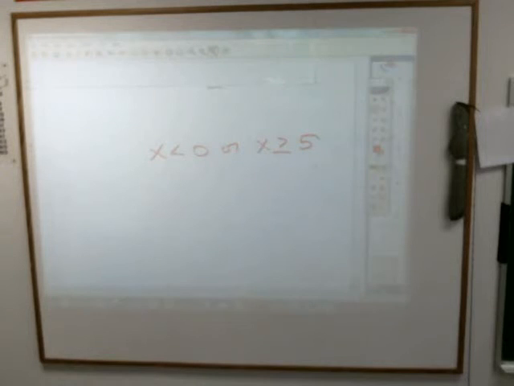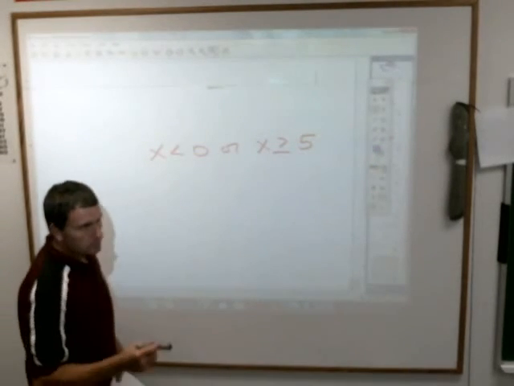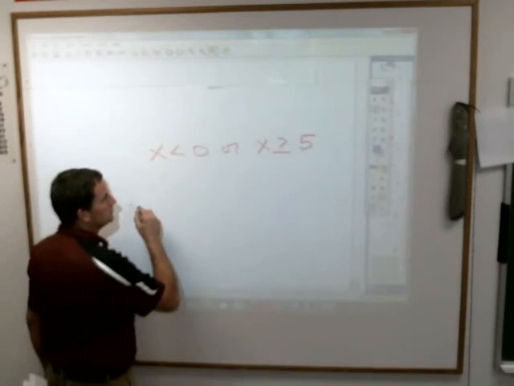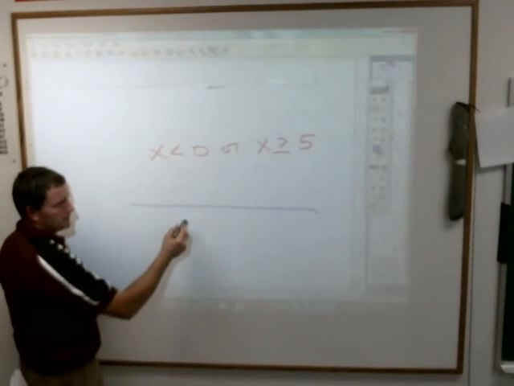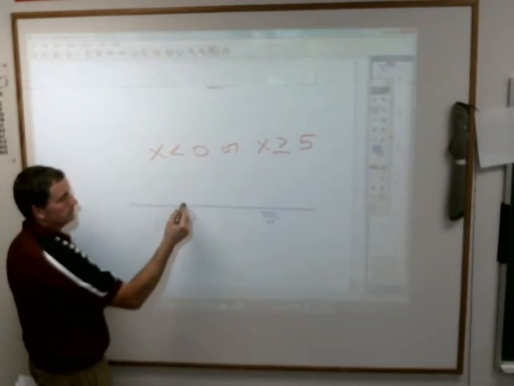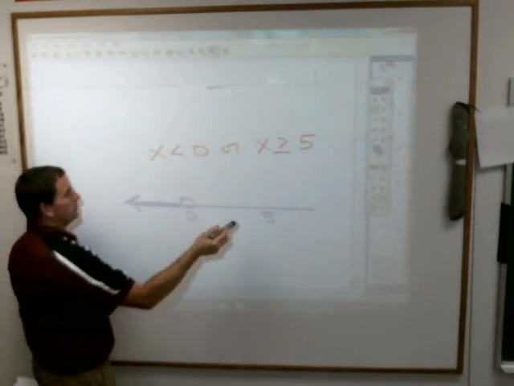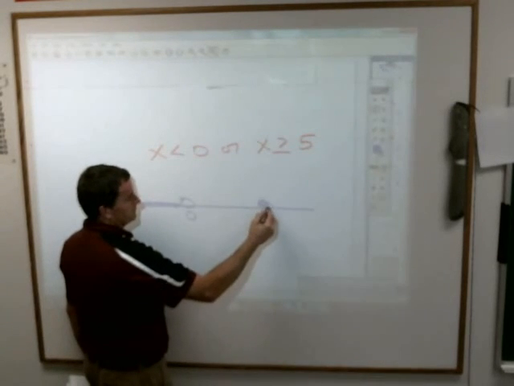It is an or problem. So this looks like, first thing I put down is a 0 or a 5. Open circle, closed circle. Open. Going which way? That way. Open circle, closed circle? To the right.